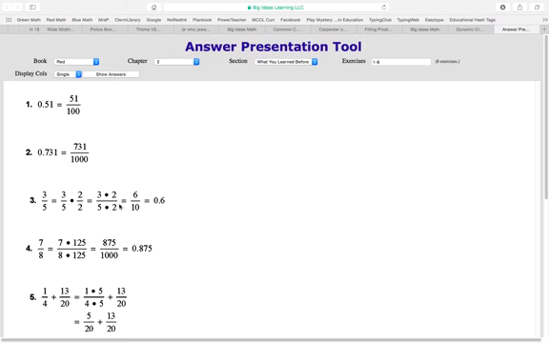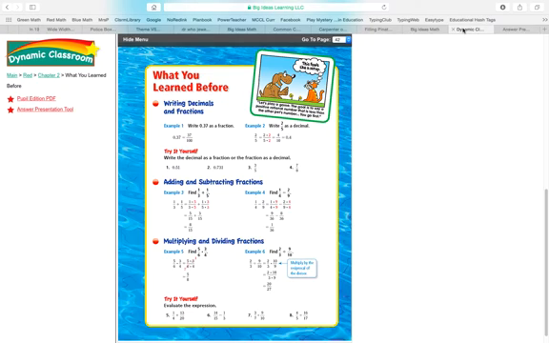So we would get 6/10, and that we could convert to the decimal 0.6. And number 4, 7/8, we could multiply that by 125, the top and the bottom, so we would get 875 over 1,000. So it would be 0.875 would be our decimal, 875 thousandths. Don't look at number 5 yet.